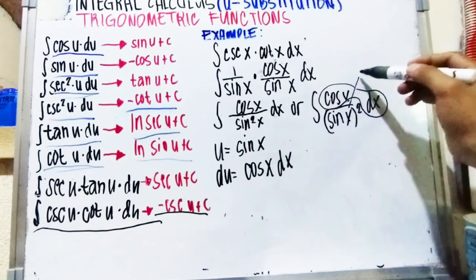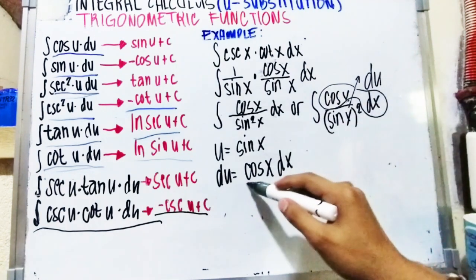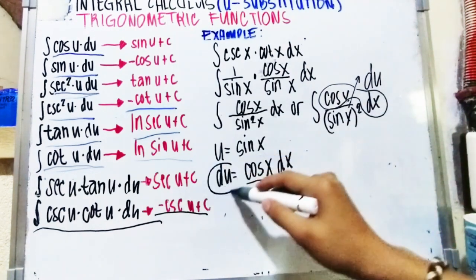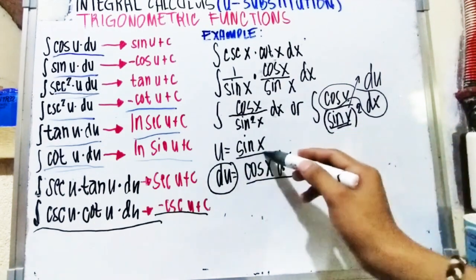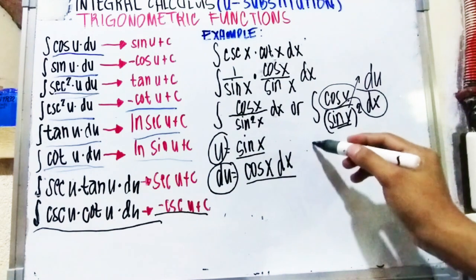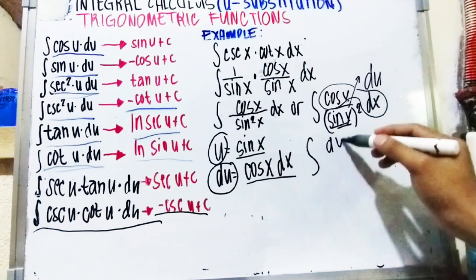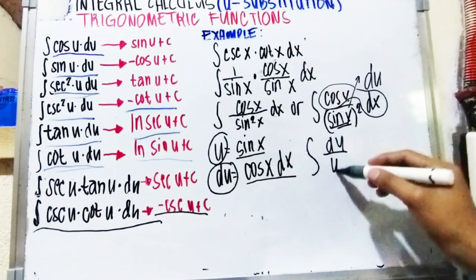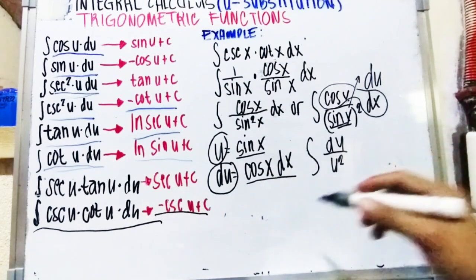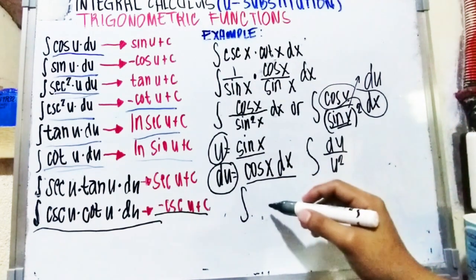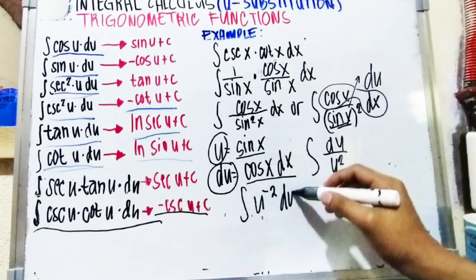Therefore, pwede nating palitan ng du dahil yung cosine x dx is our du. And our sine x is our u. So, rewriting, magiging integral of du all over u squared. So, applying power rule, magiging u negative 2 du.